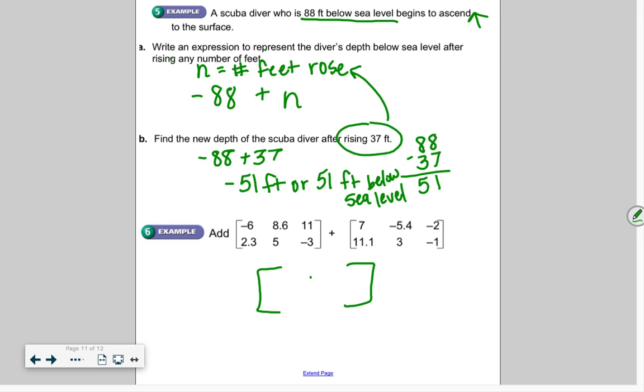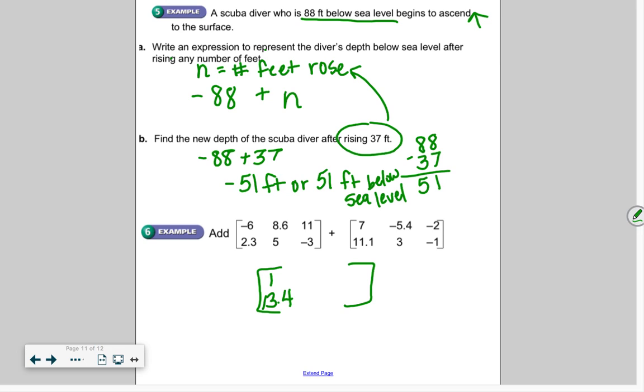So let's start in the upper left-hand corner. What is a negative 6 plus 7? 1. Positive or negative? Positive, because 7 is bigger and it's positive. Do you want to go across the top still or go to the bottom? Bottom. So you want to do 2 3/10 plus 11 1/10, which is 13 4/10. Okay?